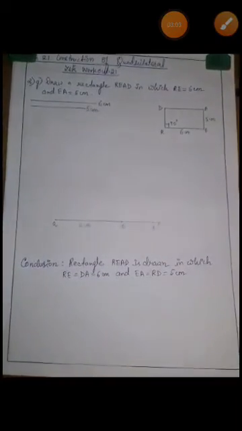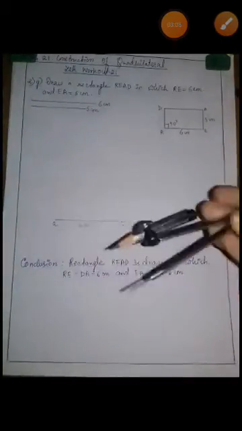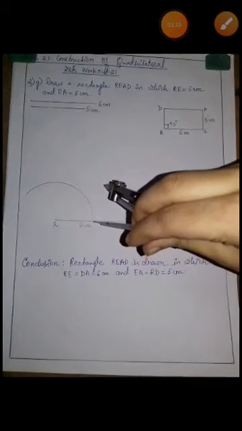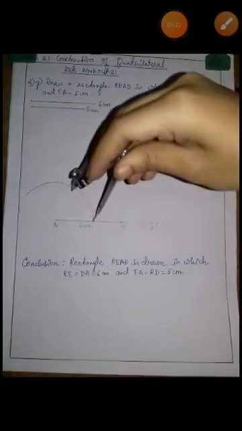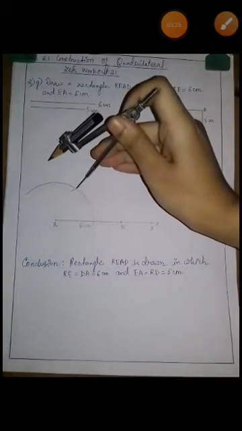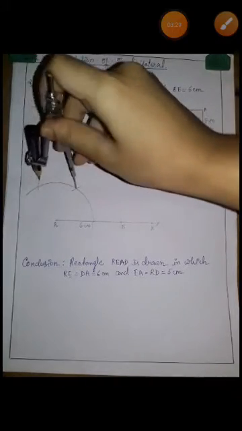You are going to take the compass, any radius I am taking, any radius you can take, no fixed measurement for drawing the angles. So here you are going to draw the arc. Now place the pointer here, then cut an arc here, again place the pointer here, cut an arc.